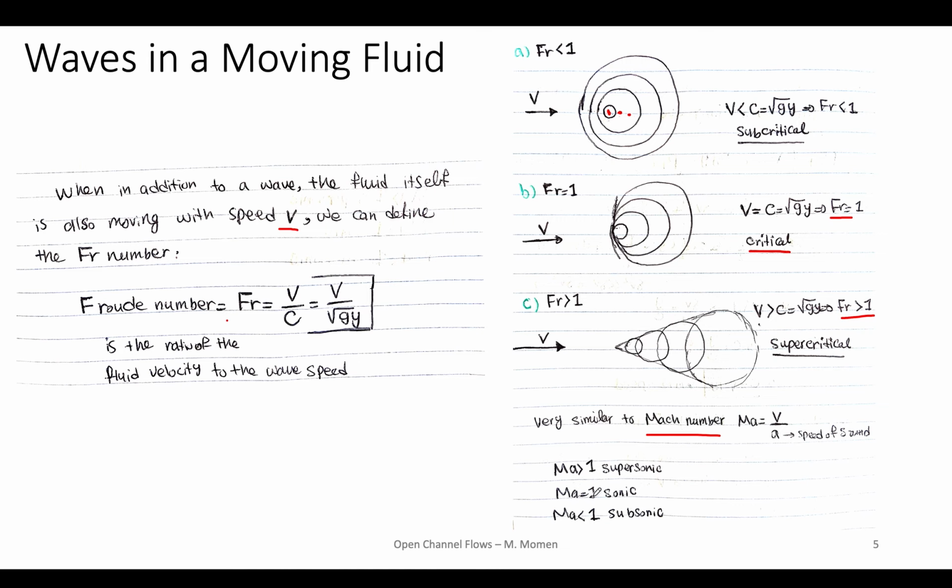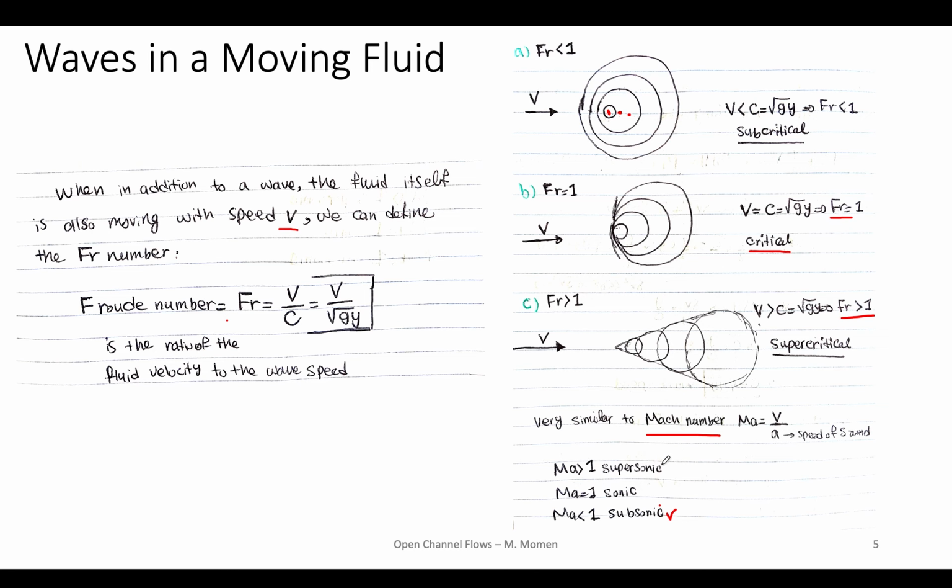And then we have three regimes based on the value of Mach number. Mach greater than 1 is supersonic, Mach equals 1 is sonic, Mach less than 1 is subsonic regime. And if you know that, maybe you know that most of the airplanes are flying in the subsonic regime.